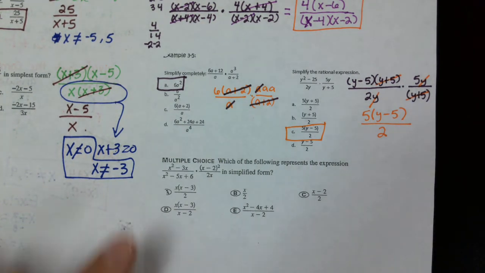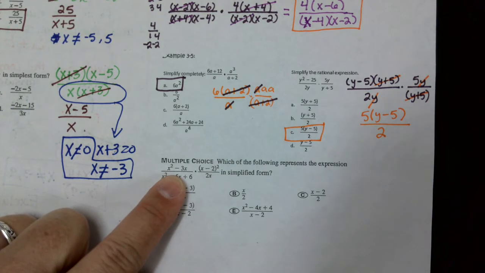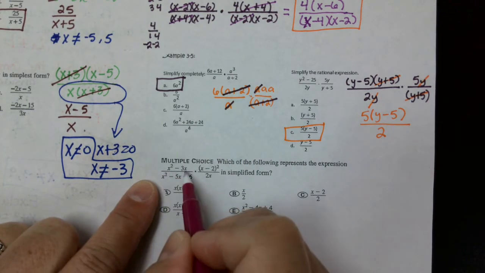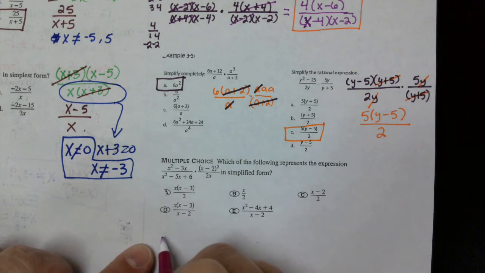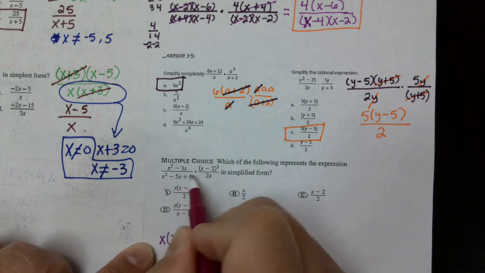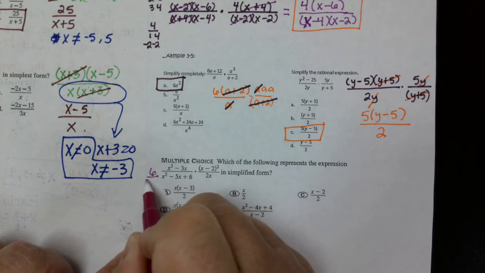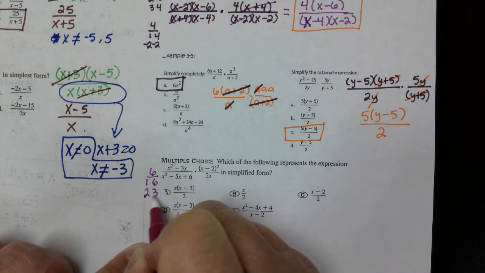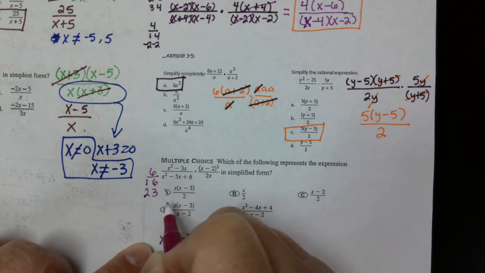And then our last example, I have a GCF of x for my first numerator. I can factor this. 1 times 6 is 6. Factors of 6 are 1 and 6, 2 and 3. I want a negative 5.